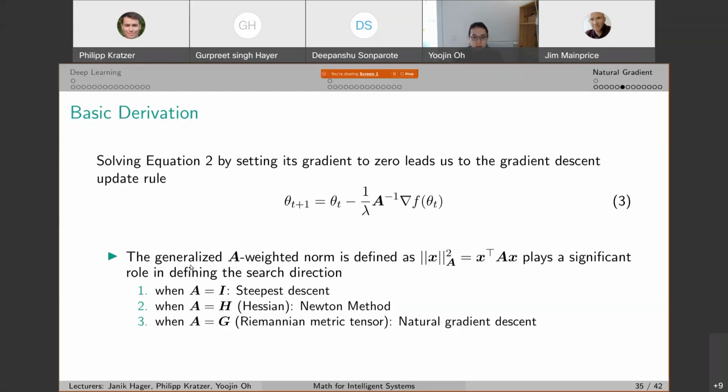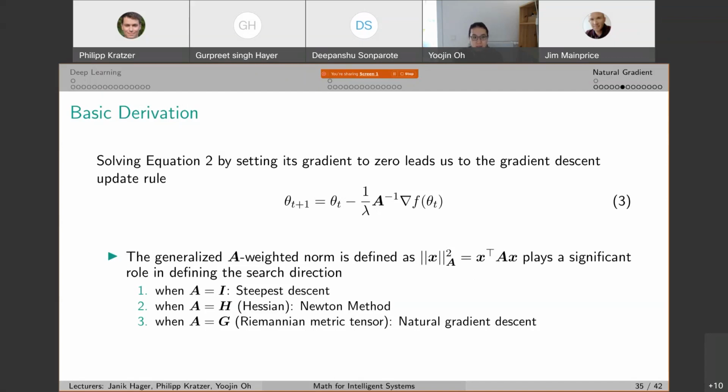When this A is generalized, a weighted norm is defined as a quadratic, and it plays a significant role in defining the search direction. So when we first saw gradient descent, this A would be an identity, which means that for every dimension, you're stretching by the same amount in both x and y.